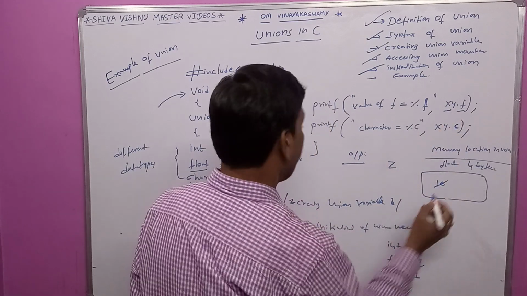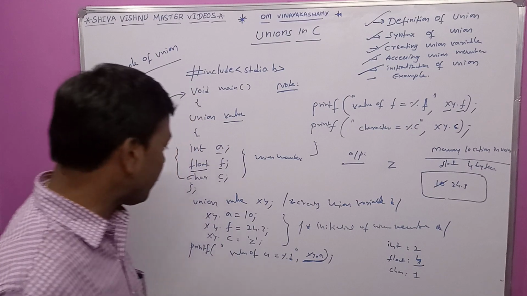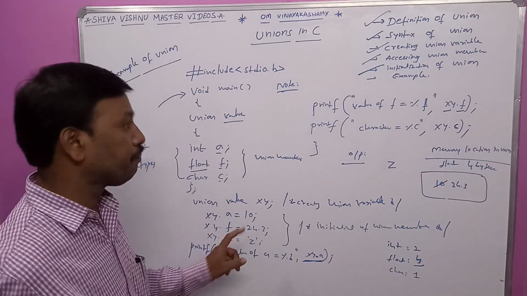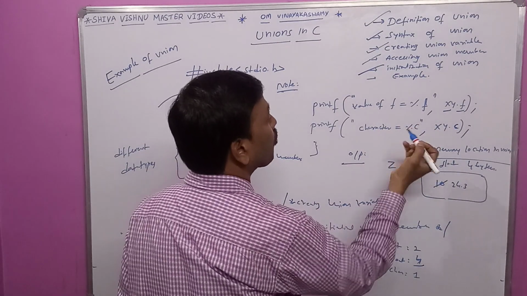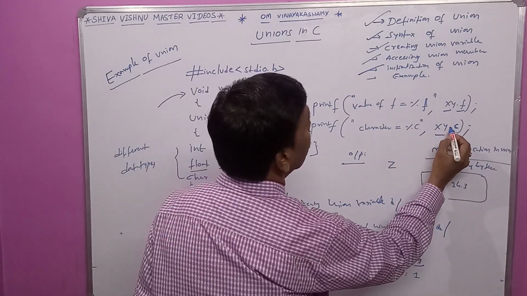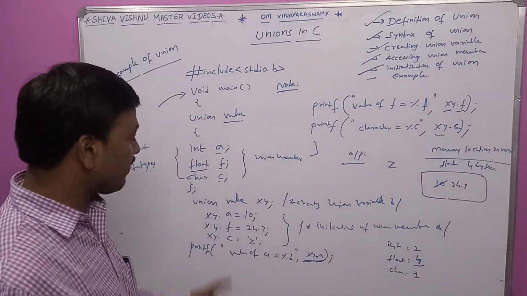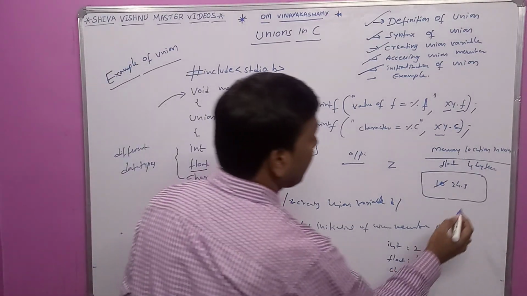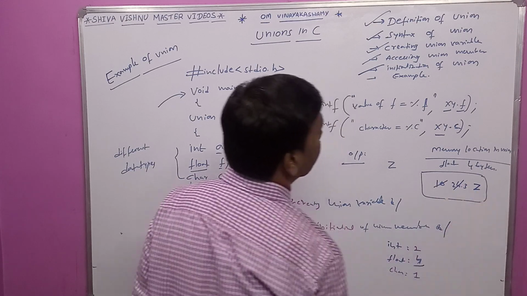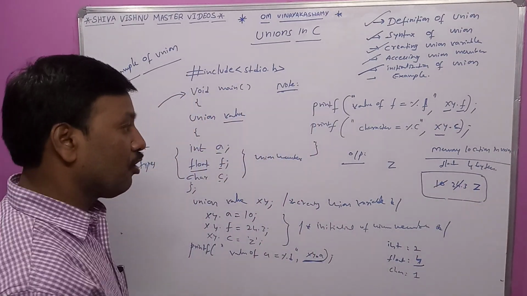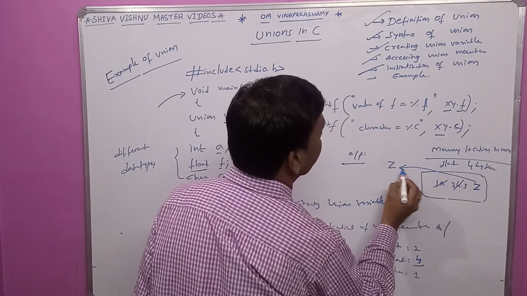Next it will store 24.3, that is a floating point value. Next printf, character equal %c within quotation, comma, variable name, dot operator, member c. Now you can see the c value is z. Here you can see there is a previous one overlap, z will be the character. So that's why now we have the output z.